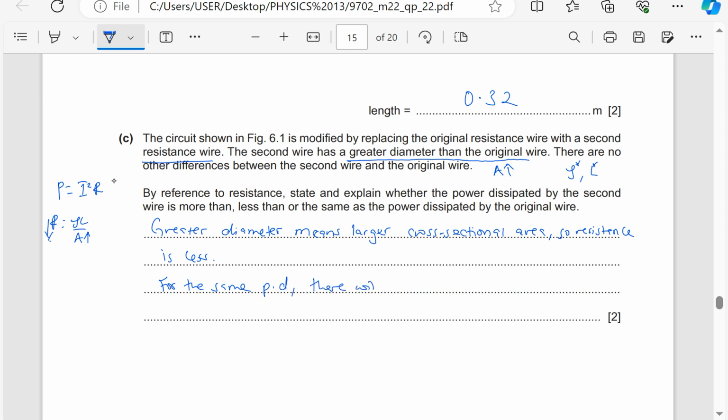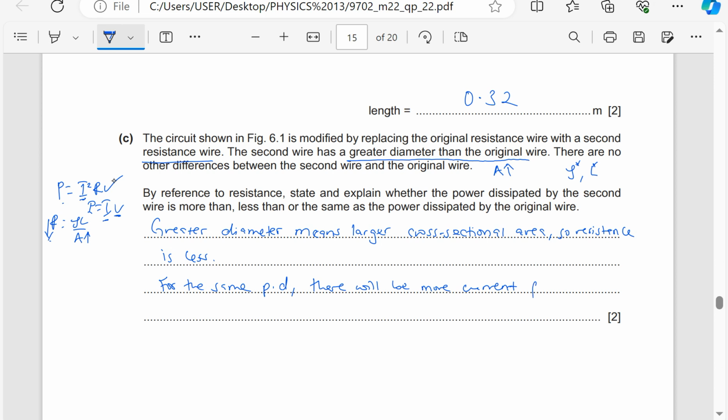Whether I use power is equal to I squared R or power is equal to IV, for the same PD the current is greater, so the power is greater. When the current is greater, remember it is also squared, so the power will still be greater even if the resistance is smaller.